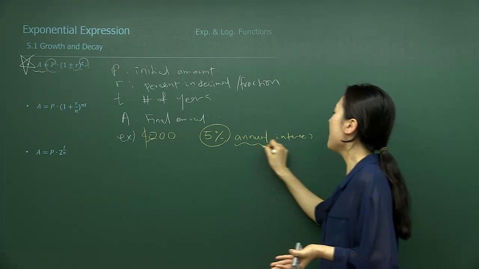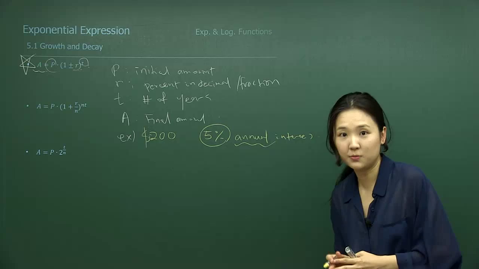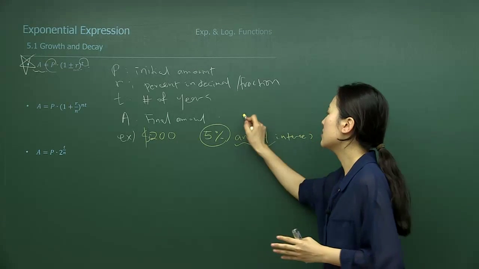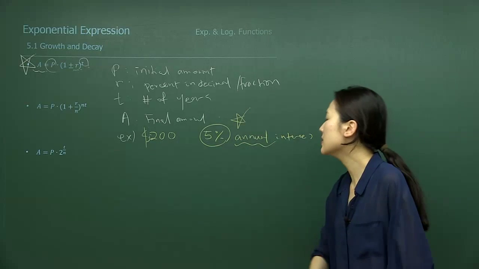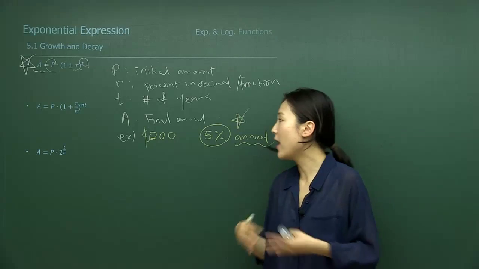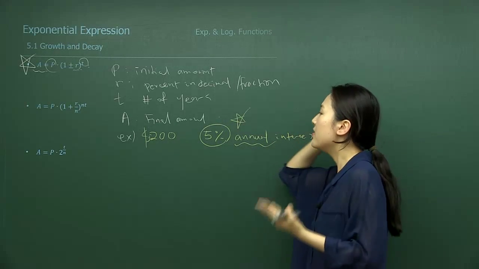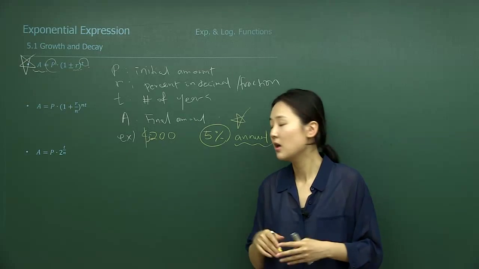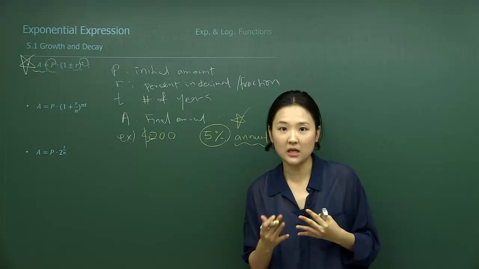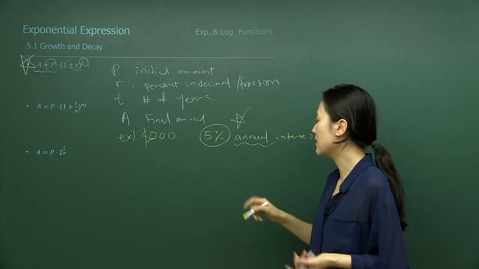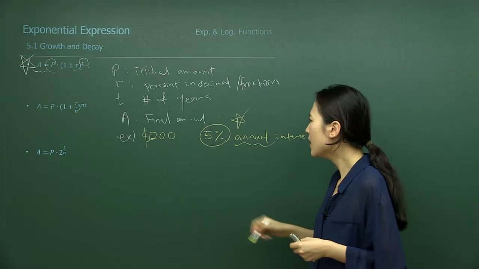Guys, having an annual interest rate is the crucial information that you must spot, because if the bank suggests 5% for any number of years, then you will have to use another formula to get how much money you will be receiving as interest, which is what we call the simple interest formula.